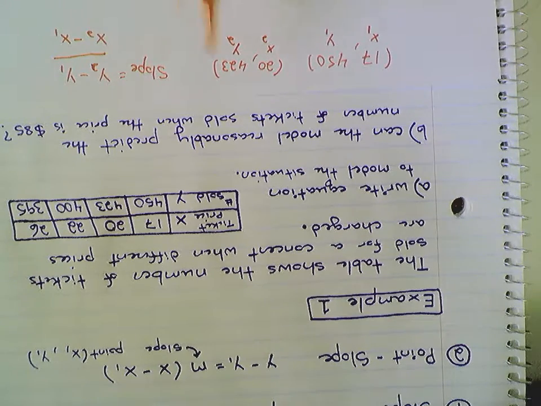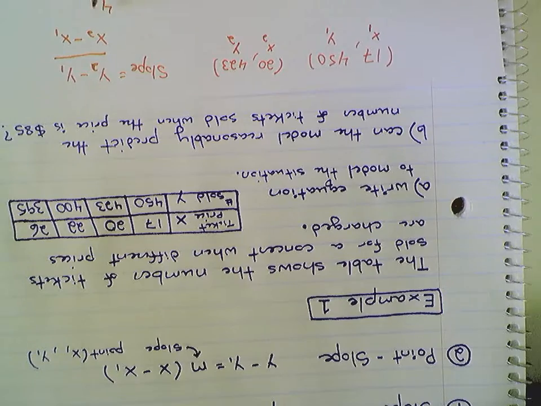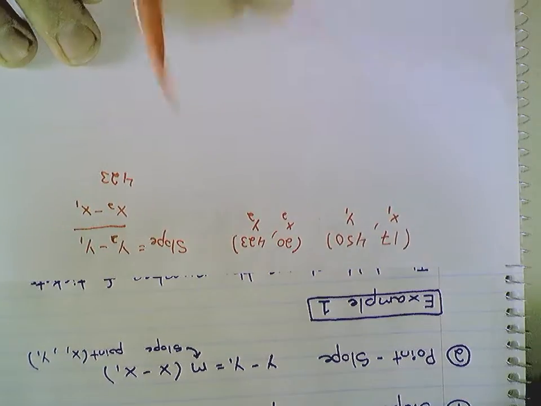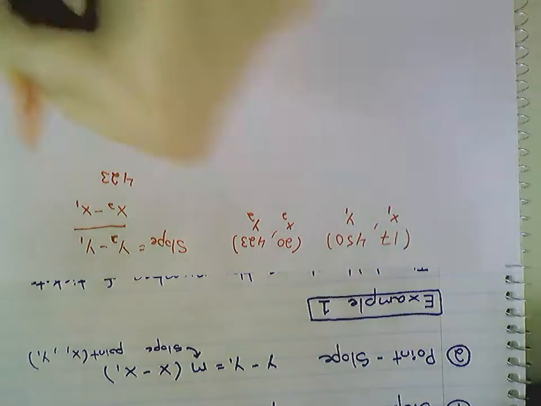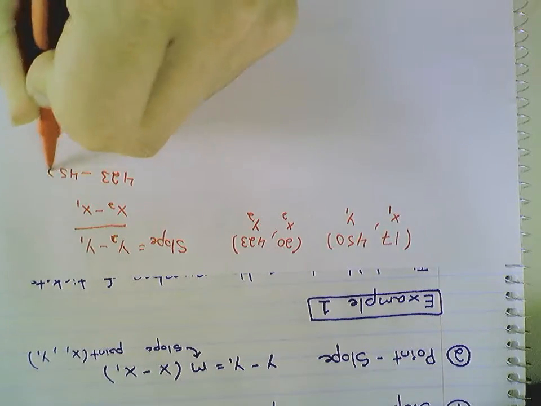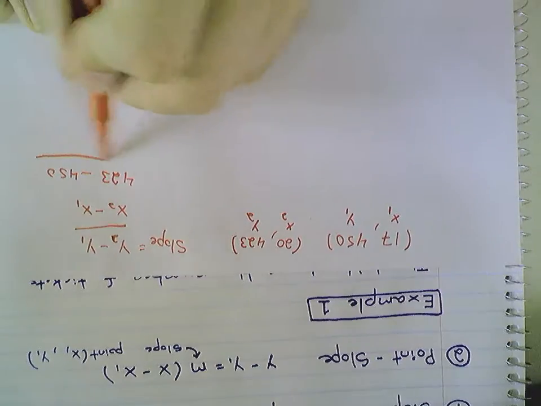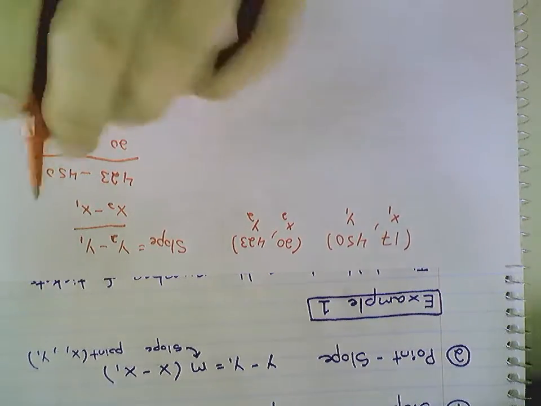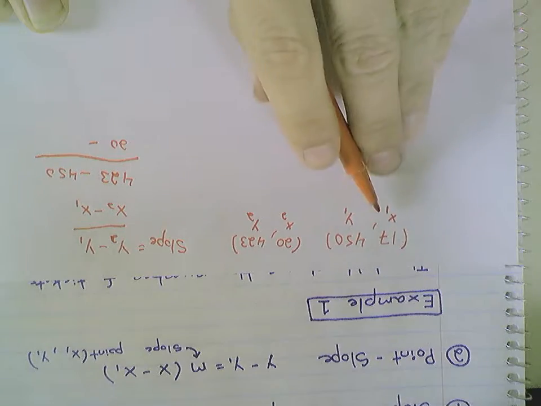For y2, it's going to be 423. For my y1, it's going to be 450. For my x2, I have 20. And for my x1, I have 17.